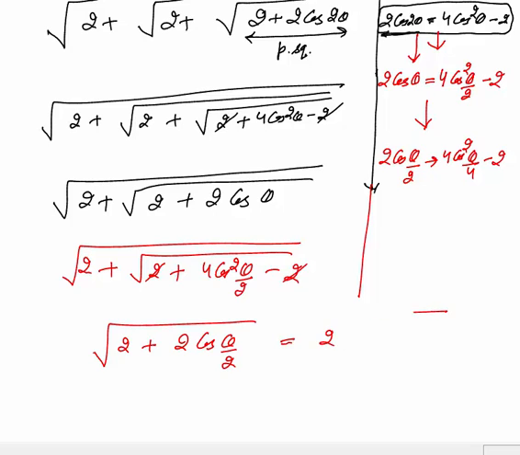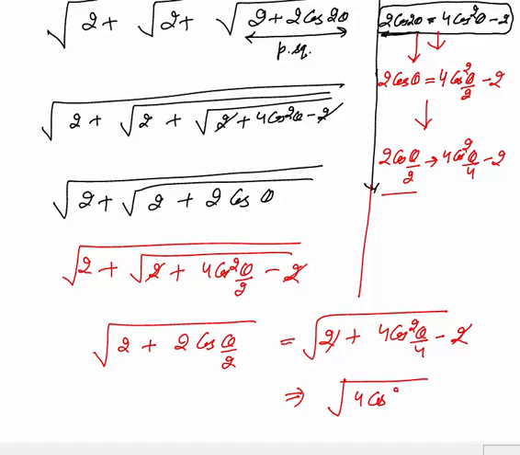So this is 2 plus 2 cos theta by 2. You can put this as 4 cos square theta by 4 minus 2. 2 and 2 got cancelled out. The square root of this, you are only left with the square root of 4 cos square theta by 4. So this is 2 cos theta by 4, which will be your final value.